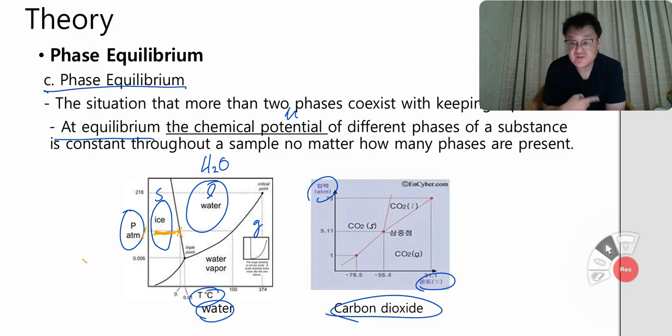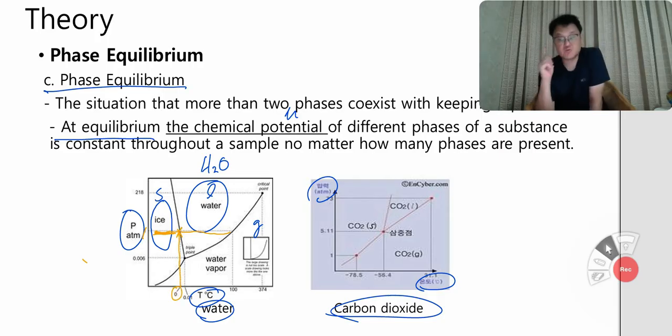When this phase transition is completed, the temperature can be further increased. This is 0 degrees Celsius, right? The temperature at which ice melts under 1 atm is the melting point of water. We know that that is 0 degrees Celsius. After this phase transition, the temperature further increases, okay?